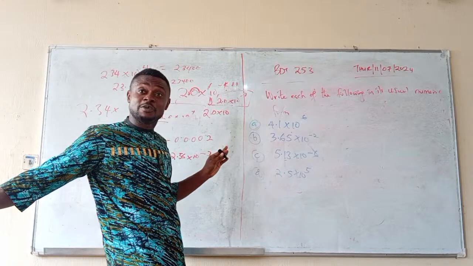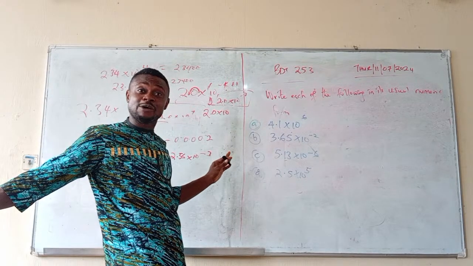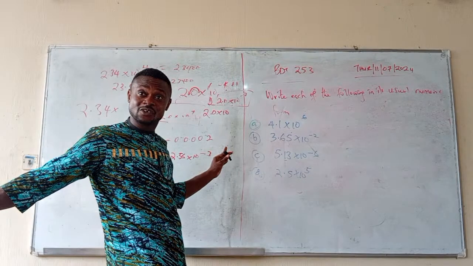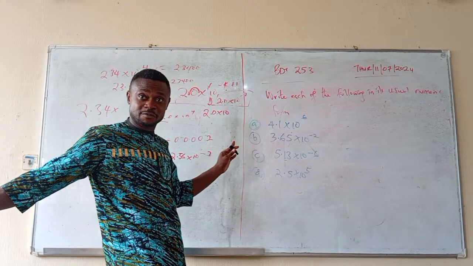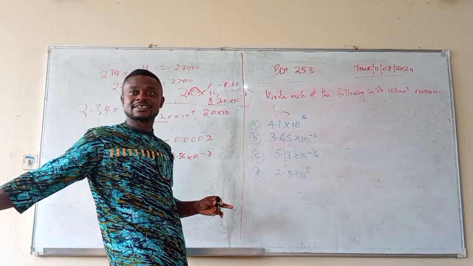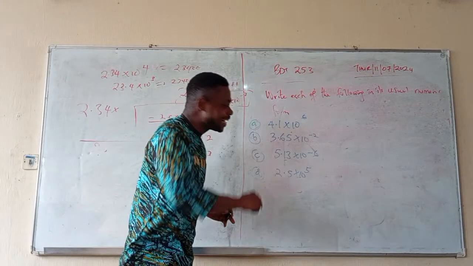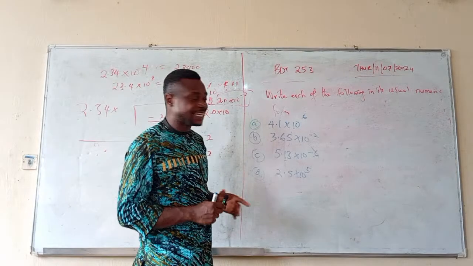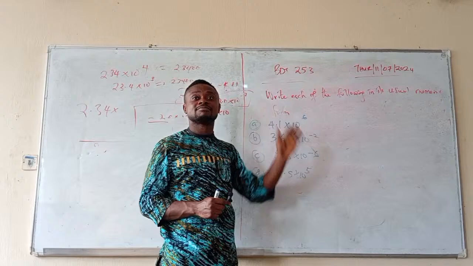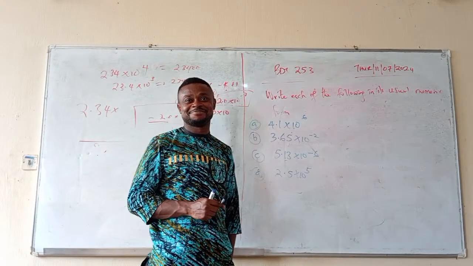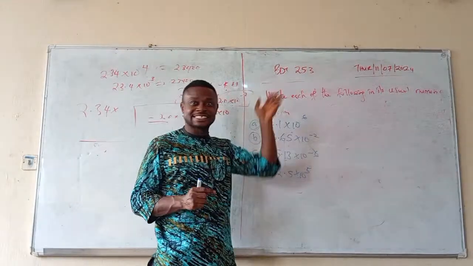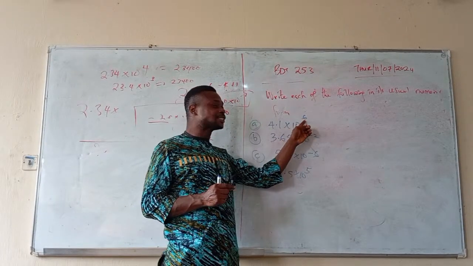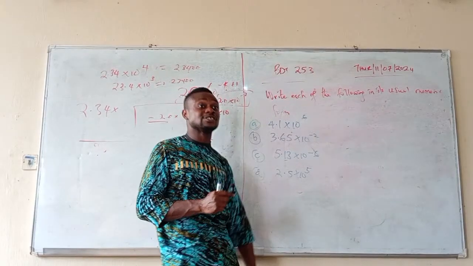You remember before you move, there was a target when you were moving from numeric form to exponential form. There's a target here. See the target. The target here is to make it 10 to the power 0. The target is to turn this power to 0. So if it is positive 6, you reduce the power to 0.